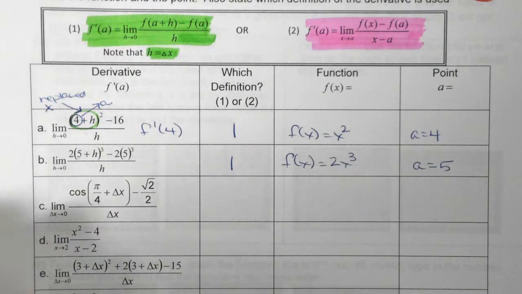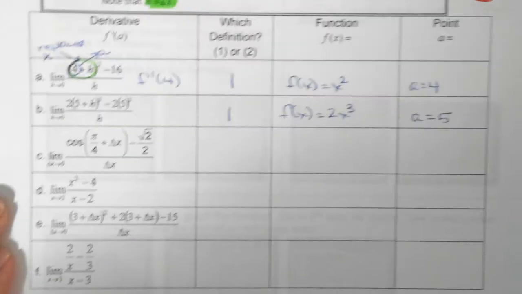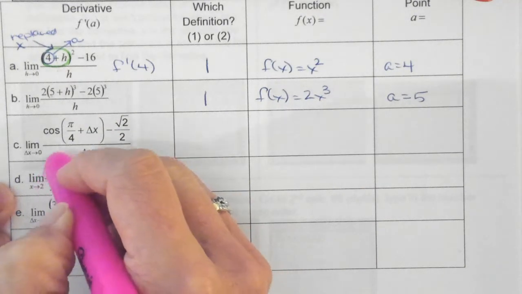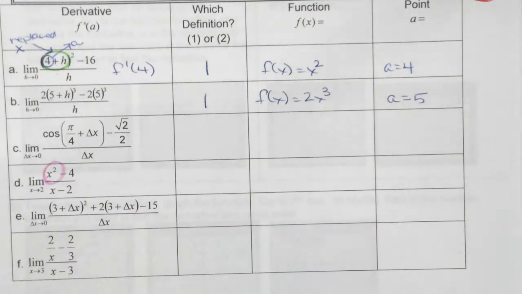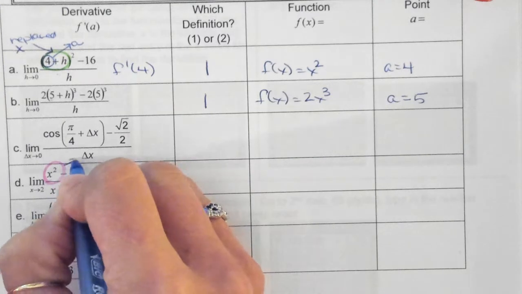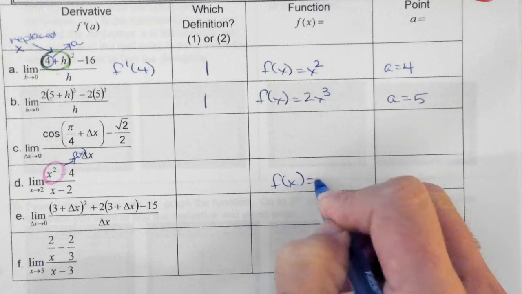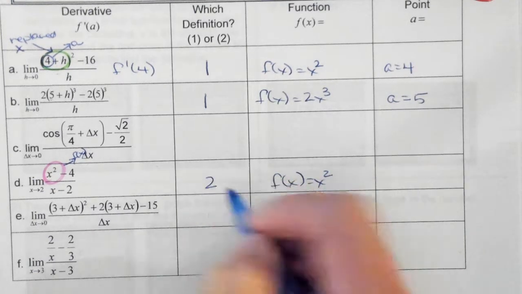Okay, let's jump to see where we don't have an h. Let's take a look at D. Okay? When I look at D, this right here is your function. This is f of x. So I have f of x is equal to x squared. This is version 2.